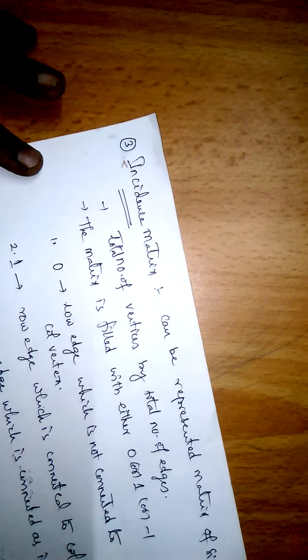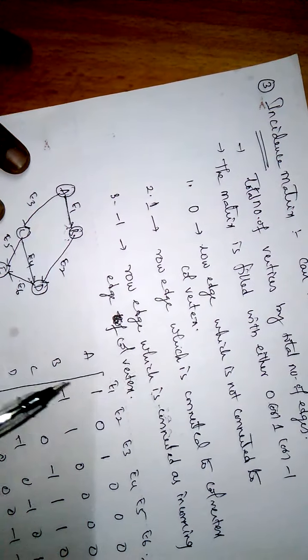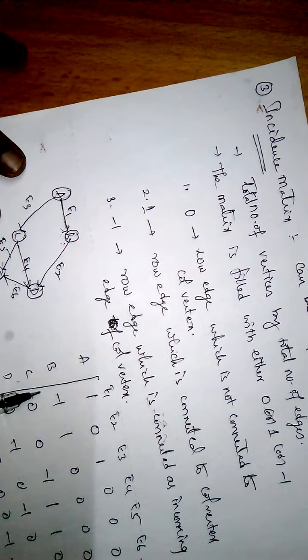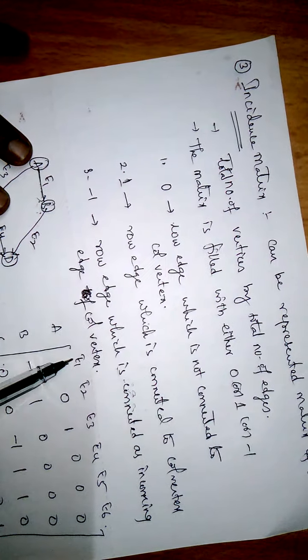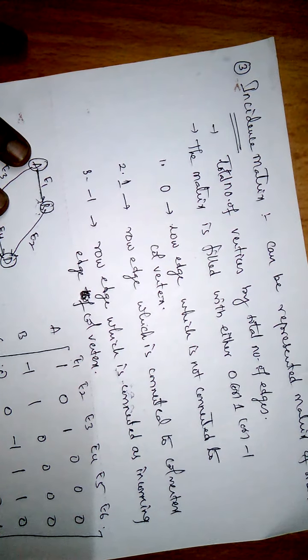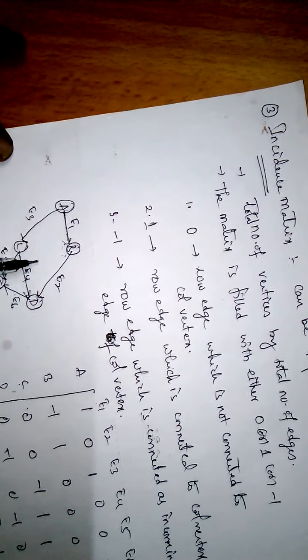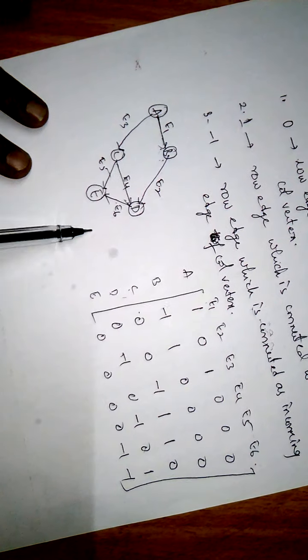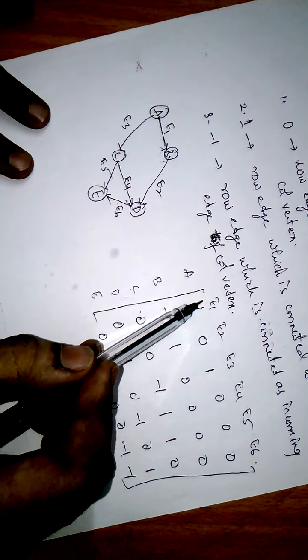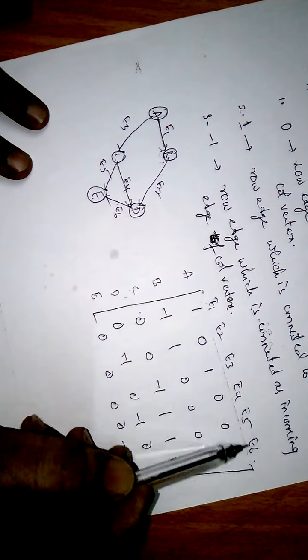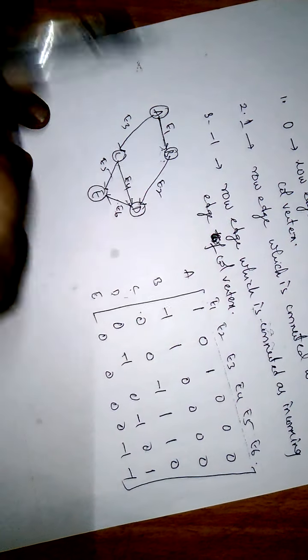Okay, and the third type of representation is the incidence matrix. So the incidence matrix is different. In this matrix representation of a graph, all the rows represent the vertices of the graph, and all the columns are the edges of the graph.